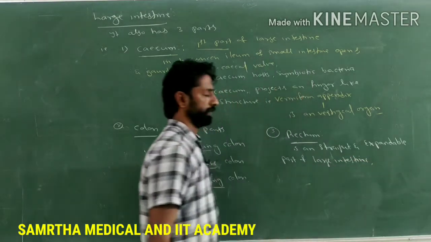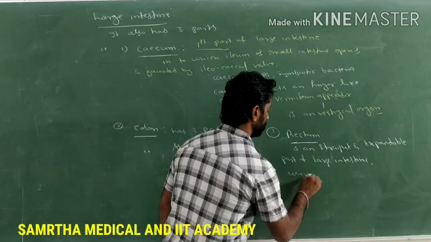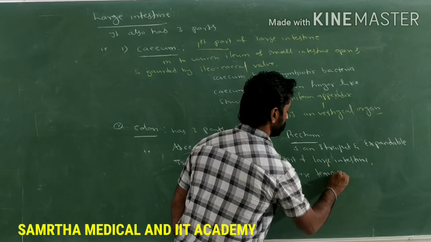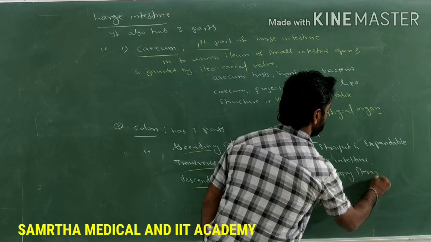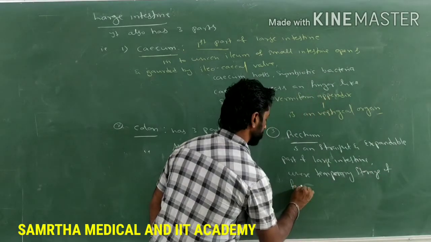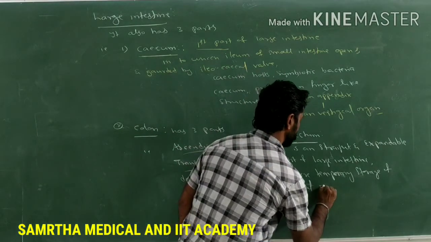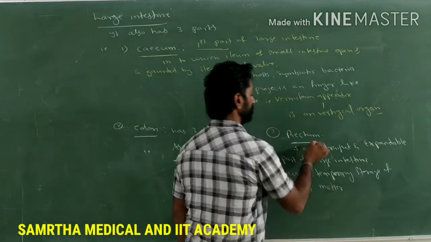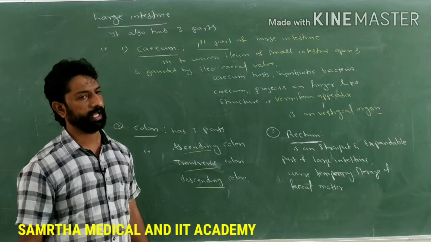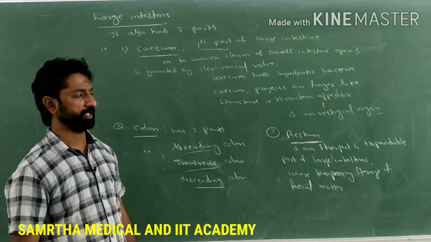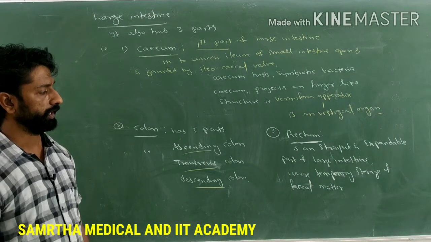What is the function of the rectum? It is where temporary storage of fecal matter takes place. Before ejection or excretion, the fecal matter gets stored temporarily in the rectum only. Then the last part of the rectum is called the anal canal.